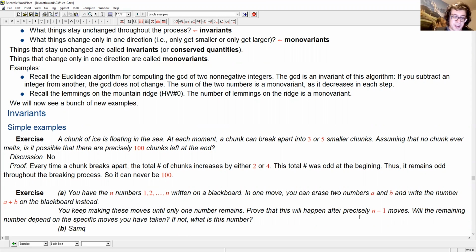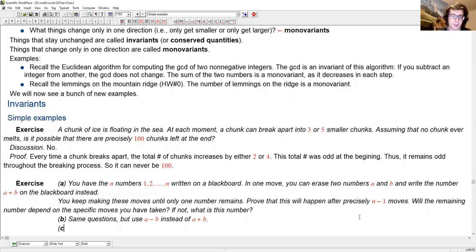Part B is the same question, but instead of a plus b, use a minus b. Part C, same questions, but use the product instead of the sum.